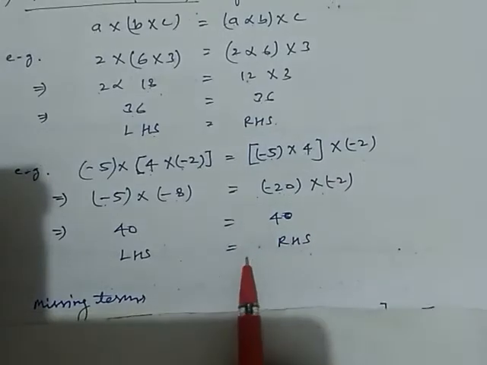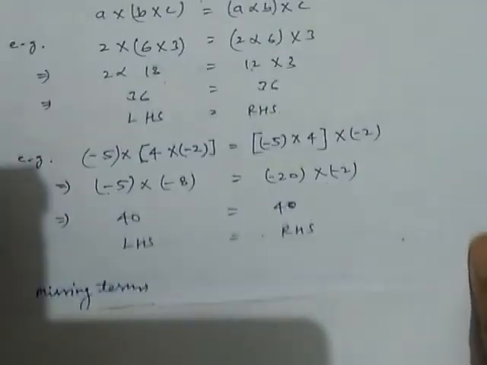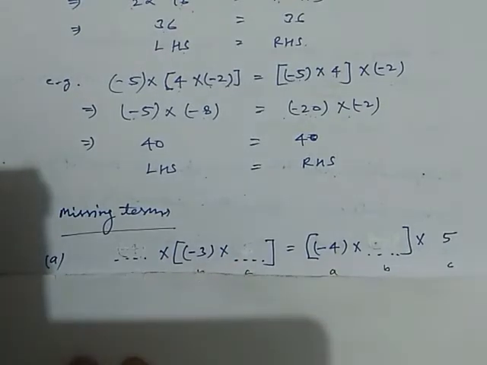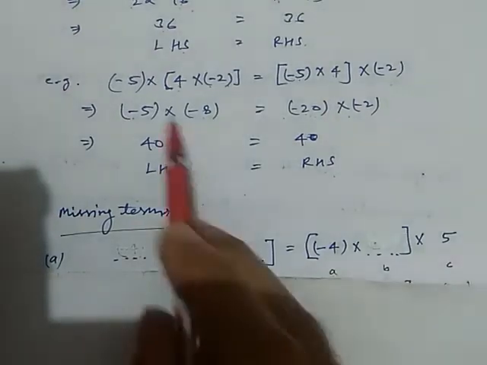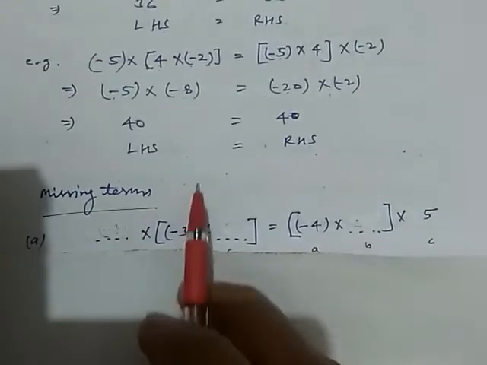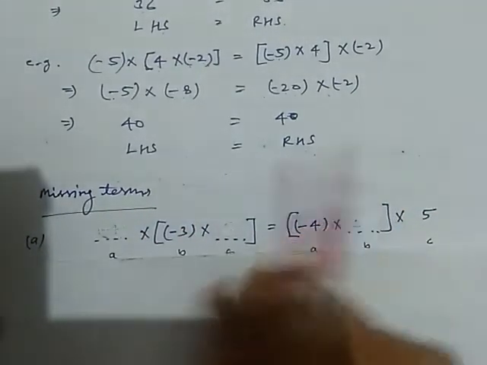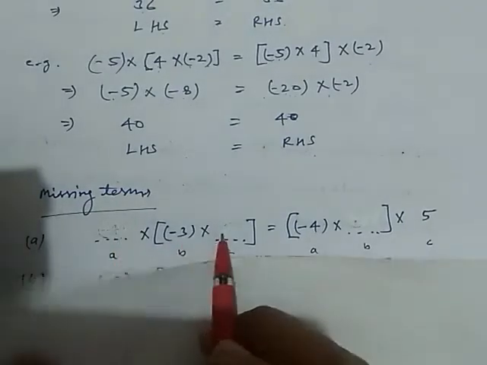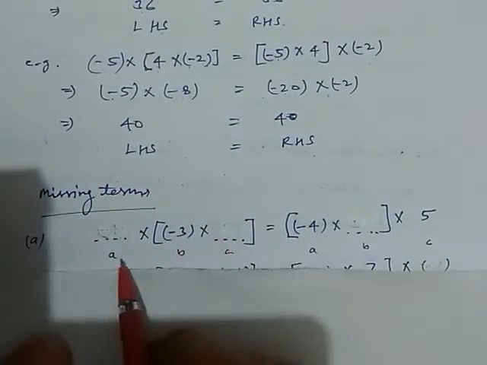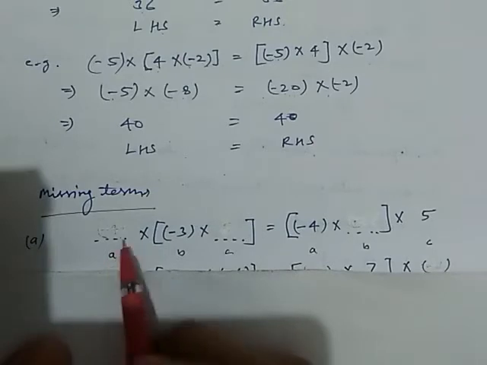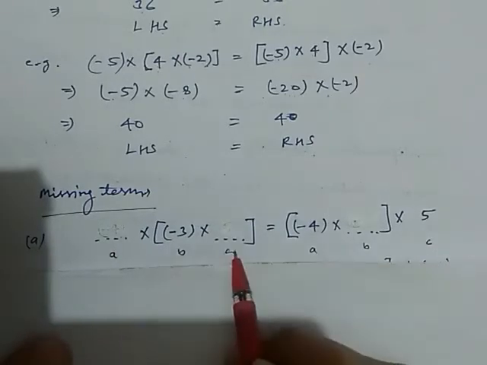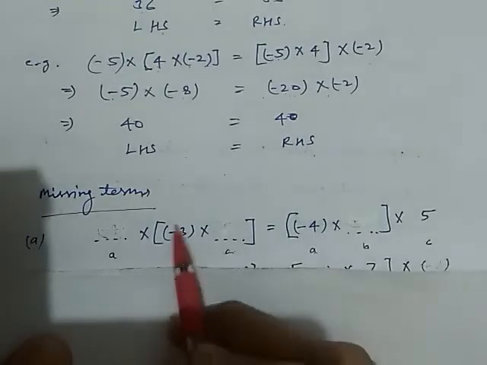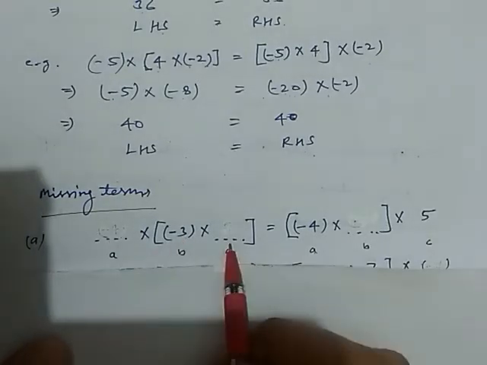Now we can use this to find missing terms. By using this associative property we can find the missing term. Here this is the missing term and this is the missing term. Let us say this is A, this is B, this is C. Here we know only the B, and A and C are absent.